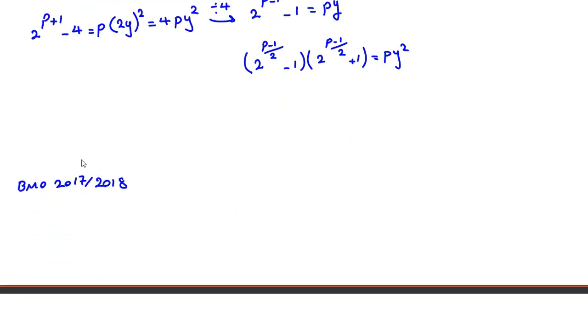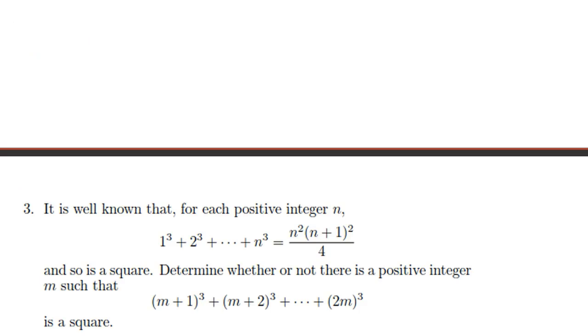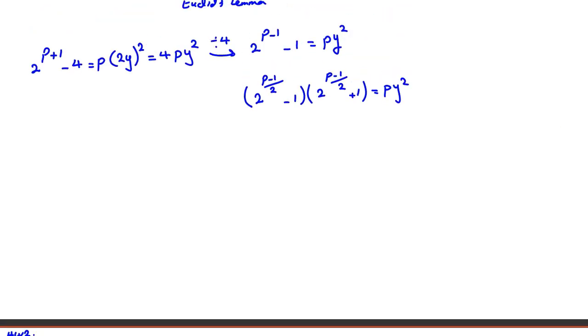Let me copy the problem. There's a problem here. BMO 2017-2018 round 2, British Mathematical Olympiad. Try to solve this also as homework number 2, because the idea is the same.